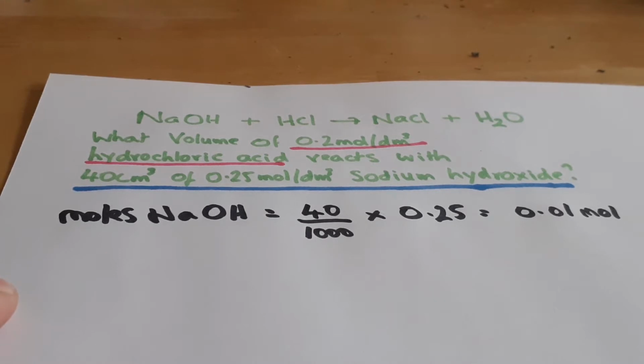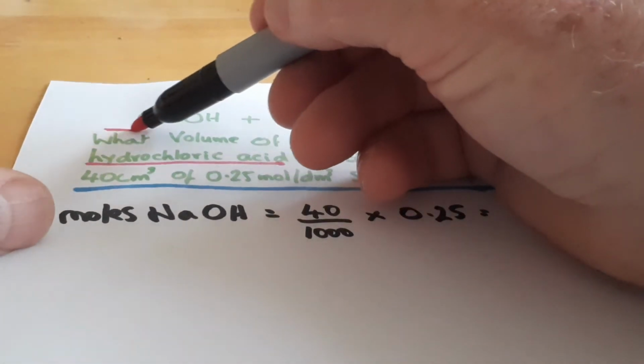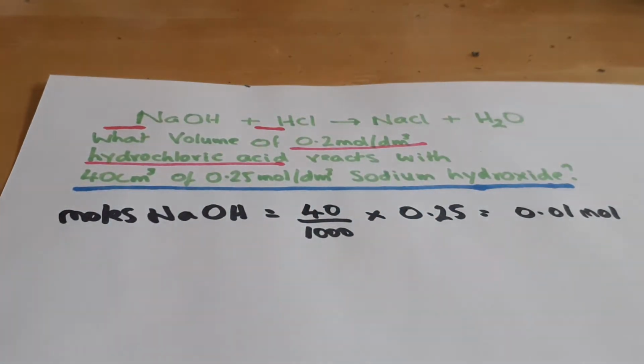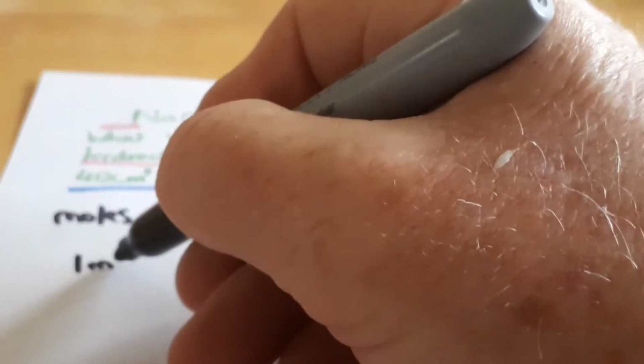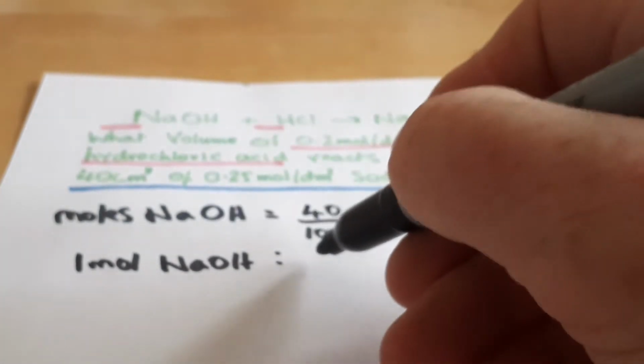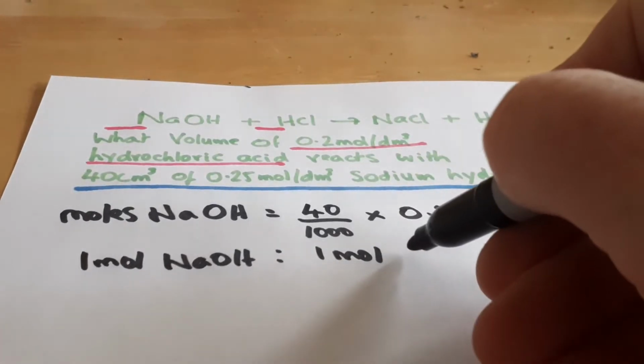Now we need to look at the equation. If we look at the equation, it is obvious that the ratio of sodium hydroxide to hydrochloric acid is 1:1. So effectively that means 1 mole NaOH to 1 mole HCl.